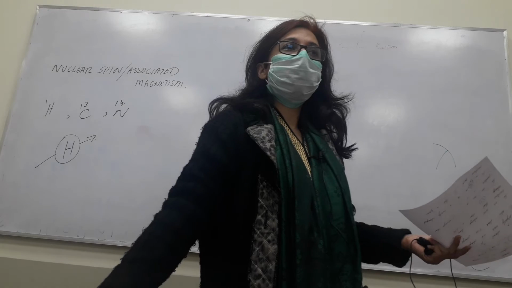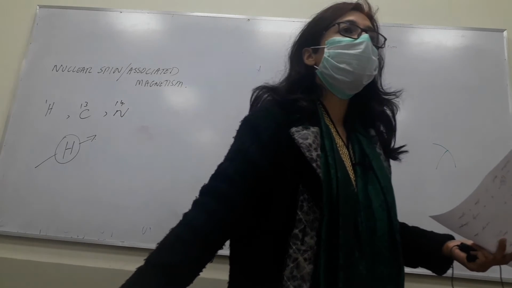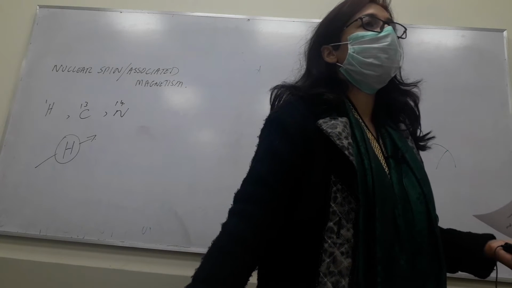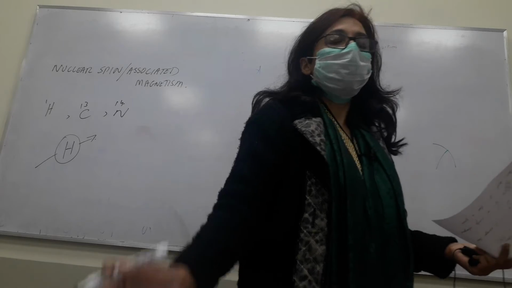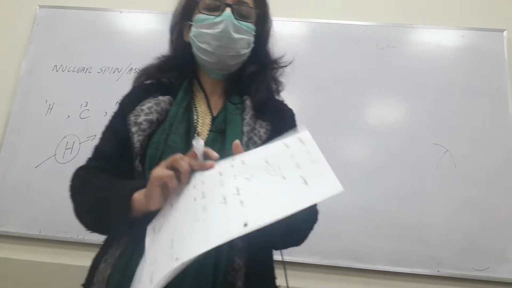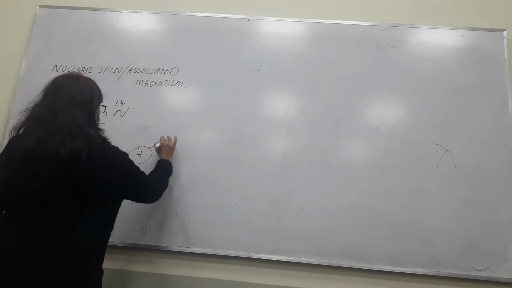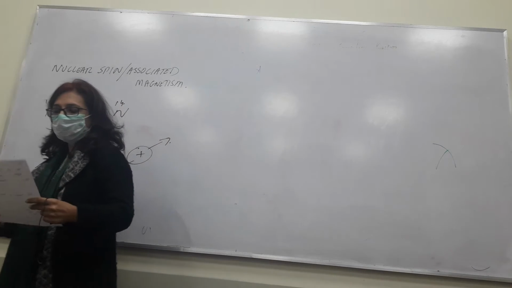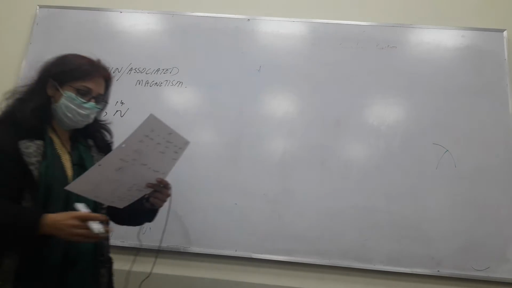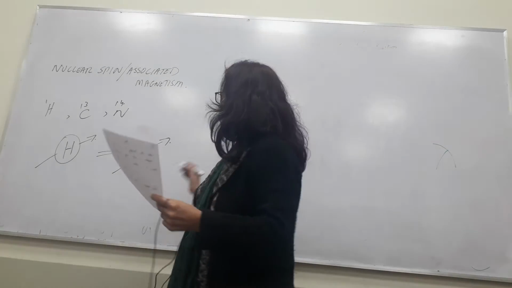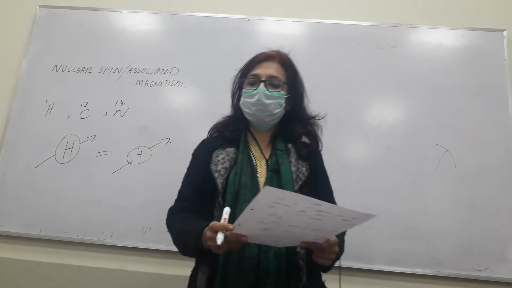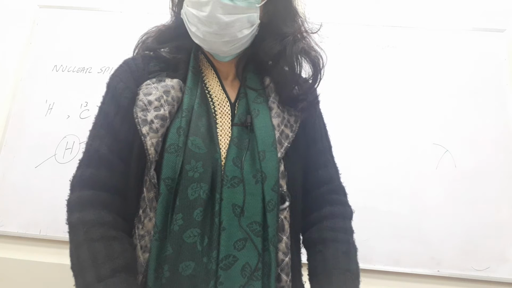A hydrogen nucleus can be considered a charged particle, because it is basically a proton, and it will behave like a positively charged particle, and as a result you will have the spin property and the associated magnetism and magnetic field.